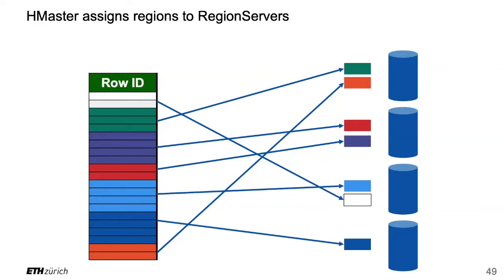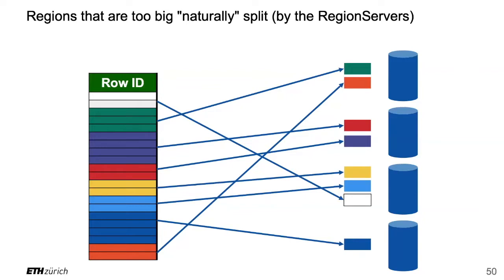Next, when you add and add and add row IDs, you might have what's called a hotspot. It means that you add a lot of rows in the same location. They have very close row IDs to each other. That means that a specific region that is defined by a minimum and a maximum row ID might grow a lot and become very big. In that case, you split it into two regions.